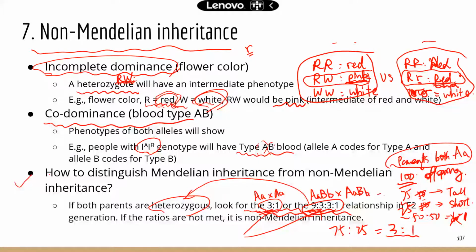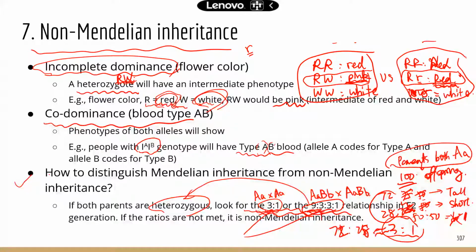Okay, so this could be 72 and this could be 28. Now, when you do the calculation, this is approximately 3:1. So you would consider this as following the 3:1 ratio. So again, if it's just a little bit off, that's totally okay, because the real data are often different than theoretical data.